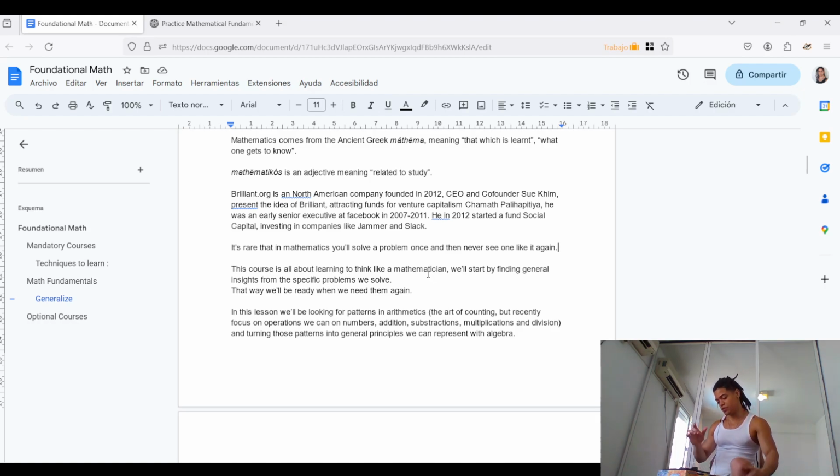It can be quite confusing, but the whole point of this is that it is rare in mathematics that what one gets to know to solve a problem, you do that once and you never see that again.